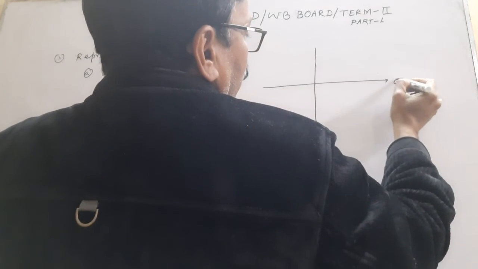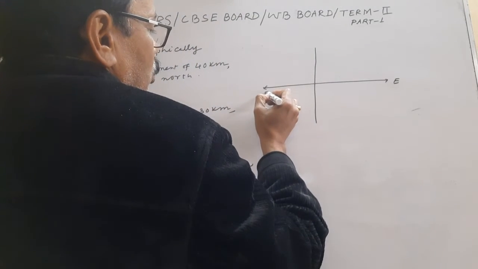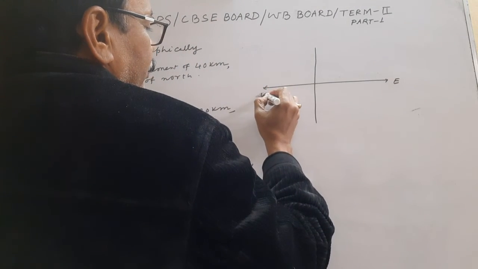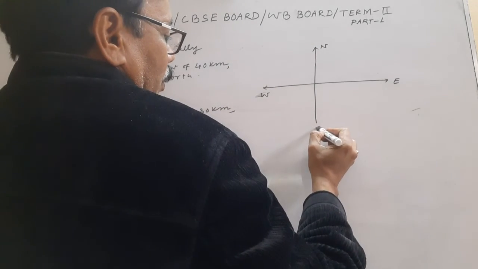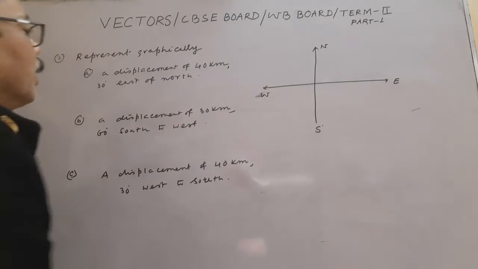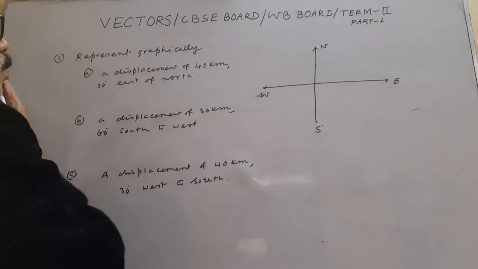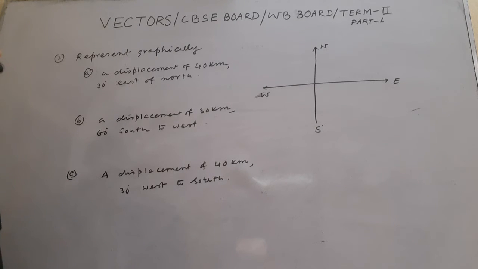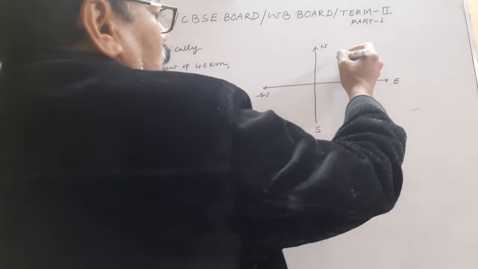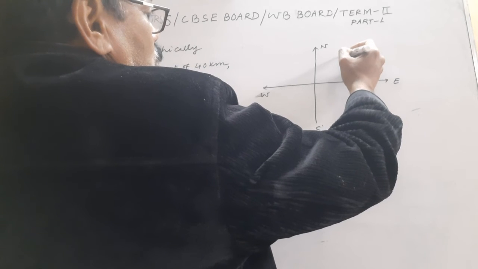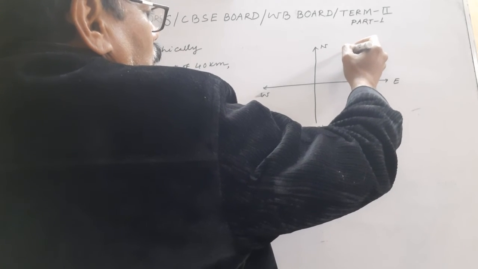We know this is east, this is west, north, south. A displacement of 40 kilometer, 30 degree east to north. This is north, east to north.